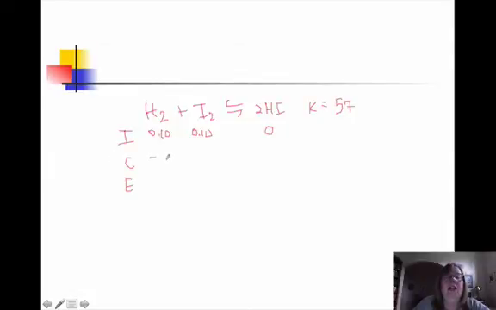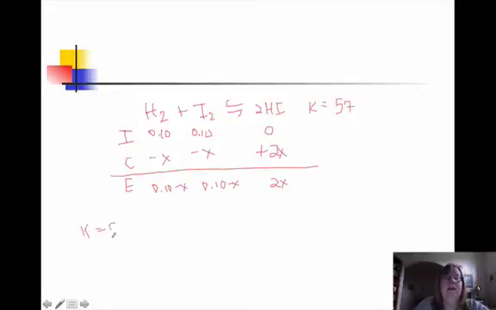So the change line is minus X because we are depleting the reactants and we are making the product, and you bring down the coefficient, plus 2X. And so at equilibrium, we've got 2X and we've got 0.1 minus X and 0.1 minus X. All right, K is equal to the concentration of HI squared divided by the concentration of H2 times I2, and this is all at equilibrium.